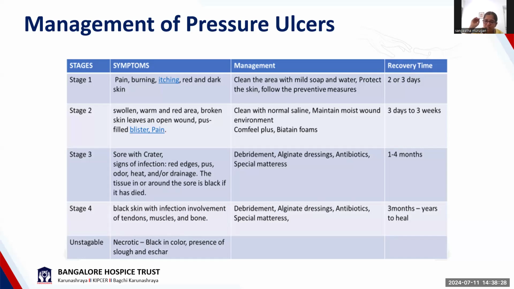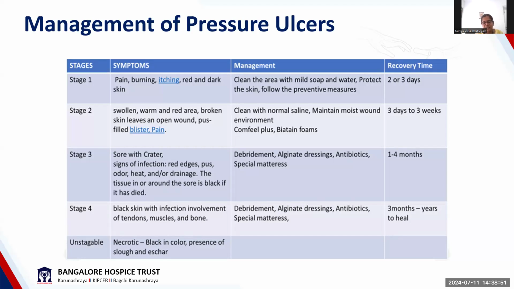When it comes to stage 3, you can see a big hole. You can put one hand inside the pressure ulcer. The infections are more. There won't be proper edges. You can see rough edges in the patient, and there will be a foul smell. You can see the exudates, and the patient can't eat properly.